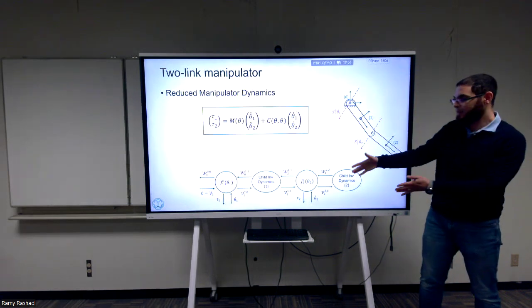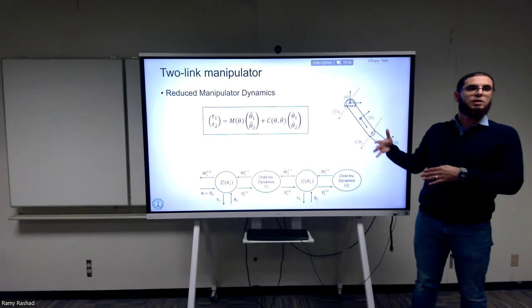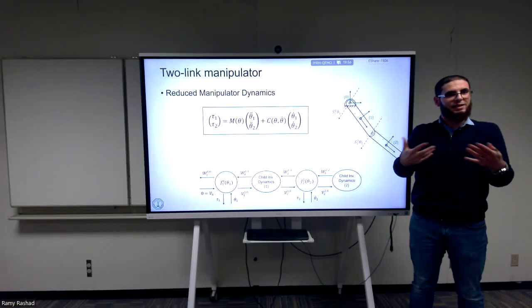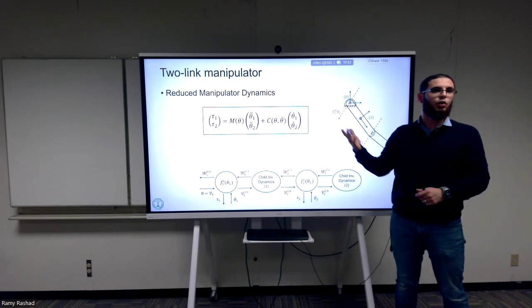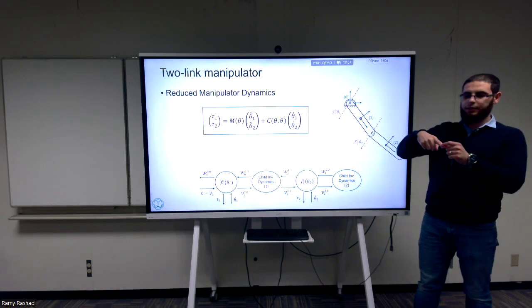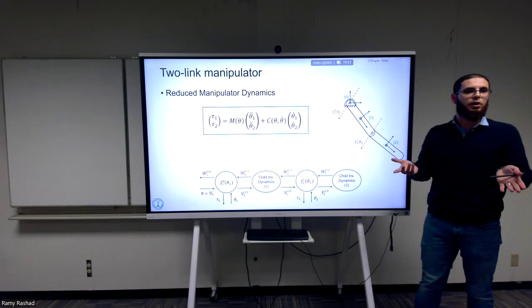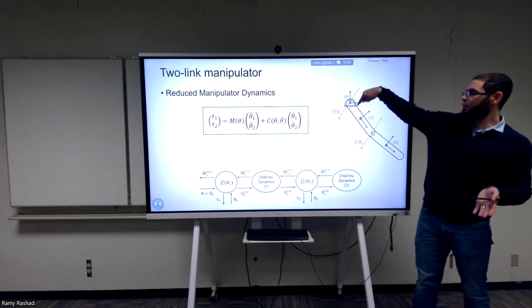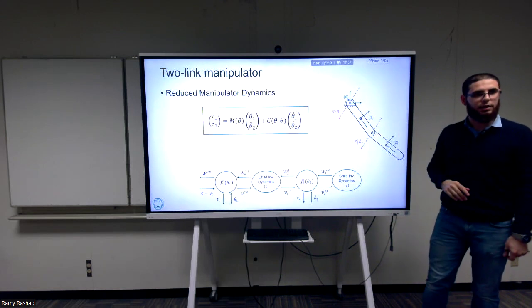Even if I simulate here a 12 by 12 differential algebraic system with 10 constraints, what is actually changing is a 2-dimensional system. This is why this is known as the reduced dynamics, because we reduce it to the directions of motion that are in the end allowable, which is motion around this axis and motion around this axis. Everything else is constrained. That's the idea.